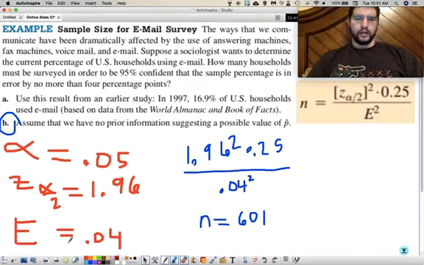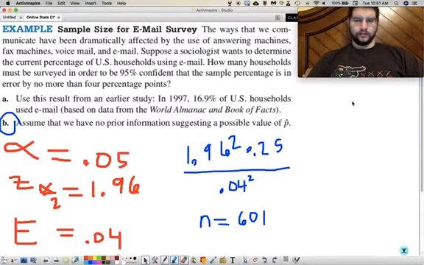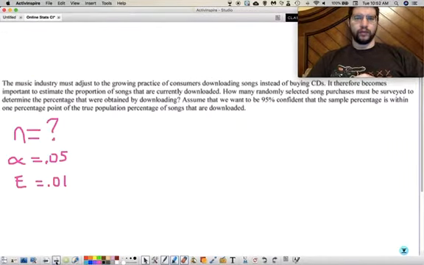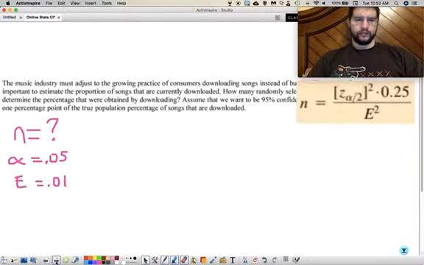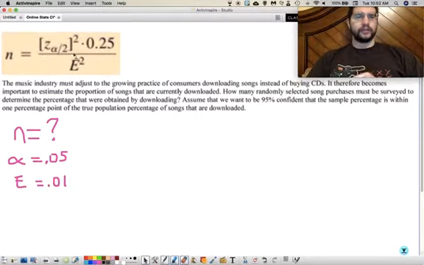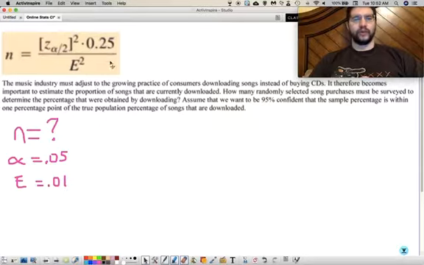It didn't give us p hat or q hat. Assume they're both 0.5. We've got our error. We don't have any information about the proportion. Since we don't have any information, we use this one. We set p hat and q hat at 0.5, multiply them together, we get 0.25.